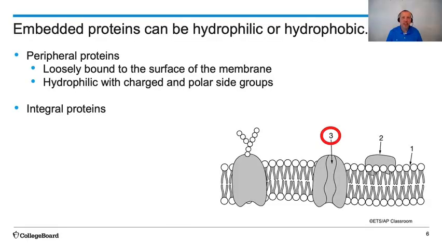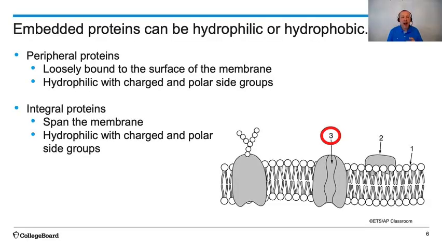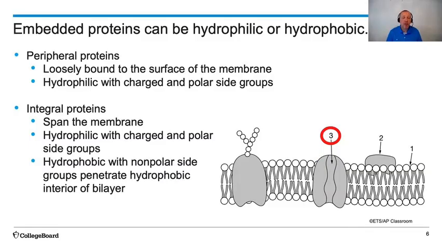The integral proteins span the membrane, and they are hydrophilic with charged and polar side groups on the ends when they interact with the hydrophilic regions of the phospholipid bilayer, but they're also hydrophobic with non-polar side groups that penetrate the hydrophobic interior of the bilayer. An example of an integral protein is the transmembrane proteins.